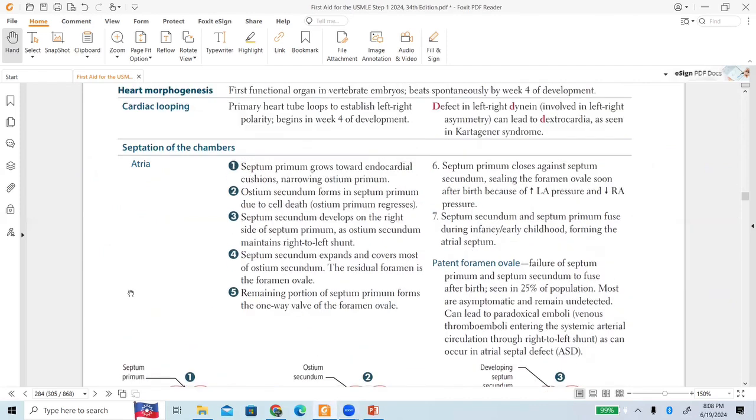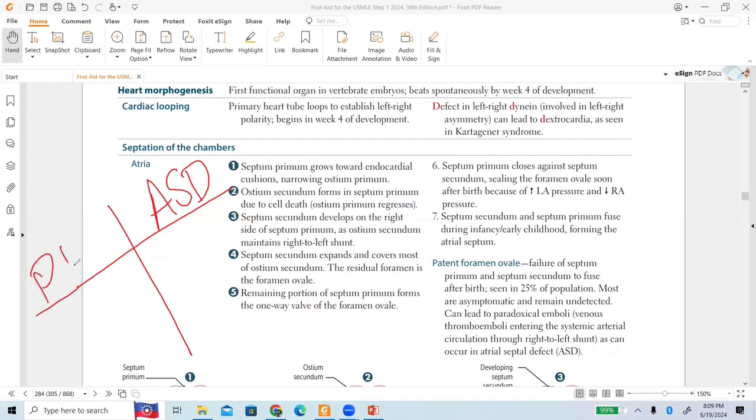Okay, so wait. ASD and PFO. This is known as a patent foramen ovale. The patent foramen ovale is basically a fusion defect, a fusion defect of the septum primum and the septum secundum, while the atrial septal defect is basically a defect in the septum secundum mainly.